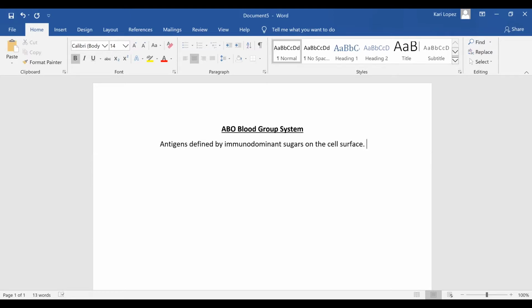Specifically here in a minute we're going to talk about which sugars go with which antigen, but first I need to give you all a little overview about the H antigen.